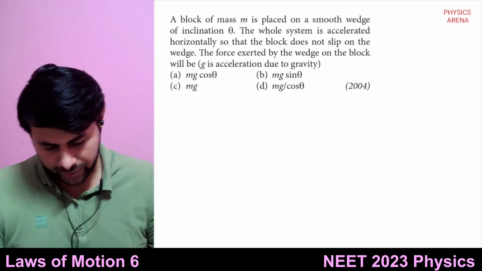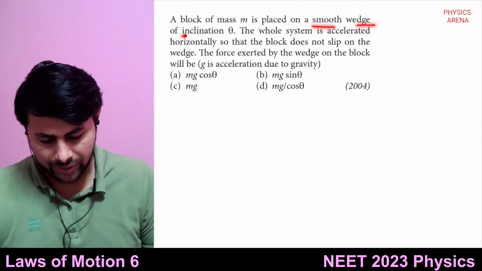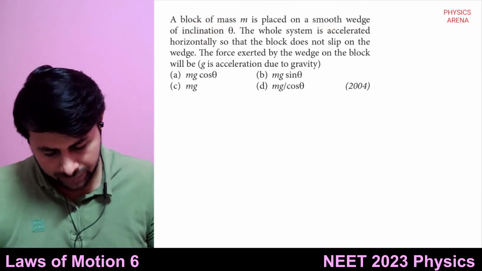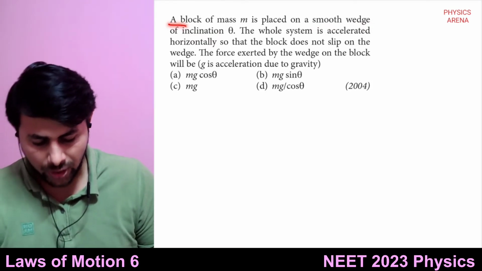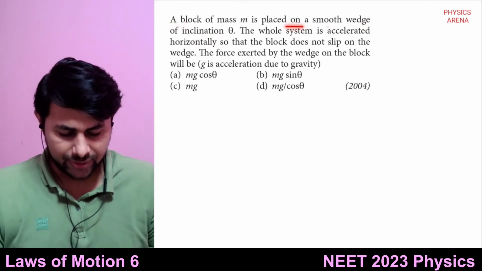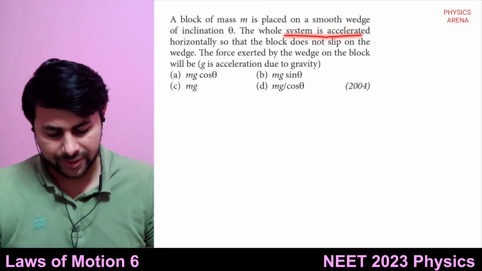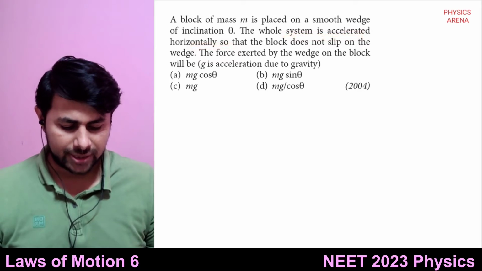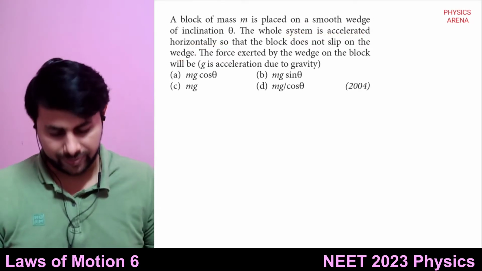Okay, so a block of mass m is placed on a smooth wedge of inclination theta. The whole system is accelerated horizontally so that block does not flip on the wedge. So this is similar to the last problem.